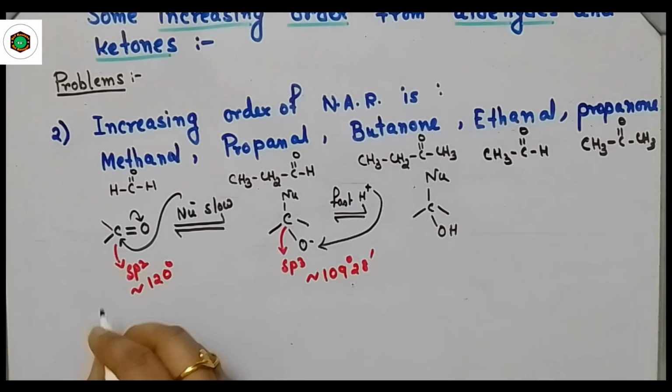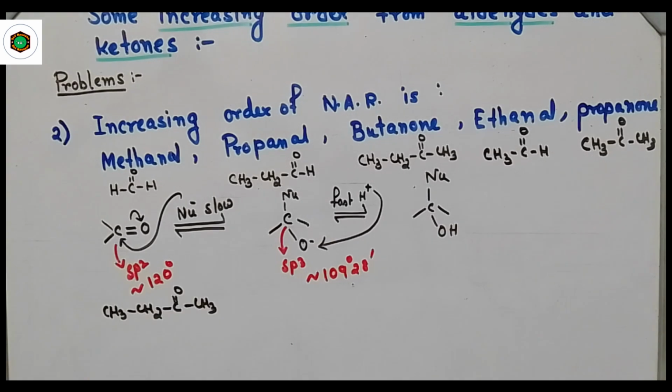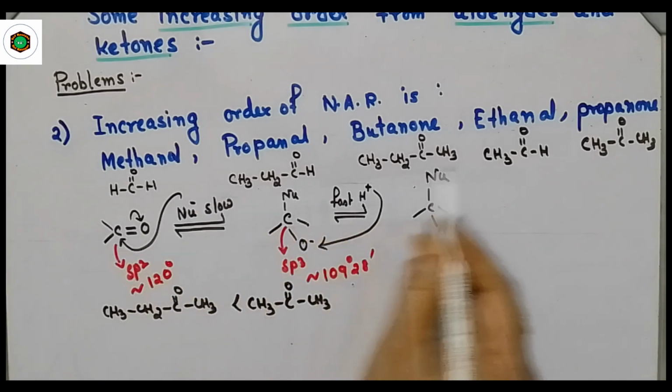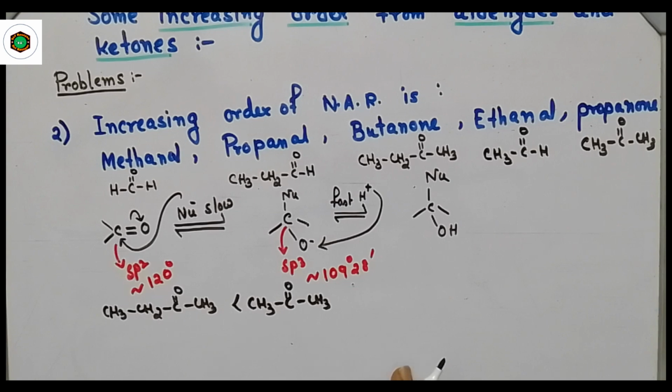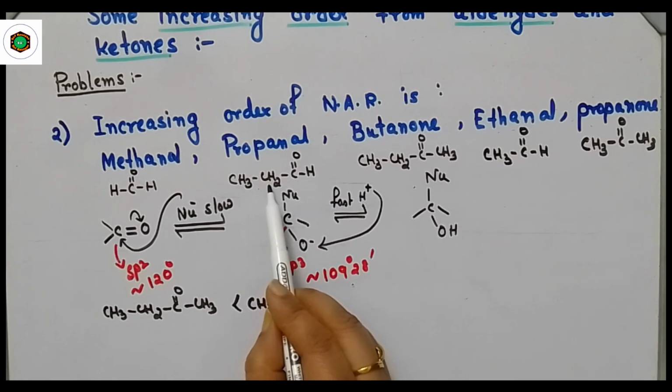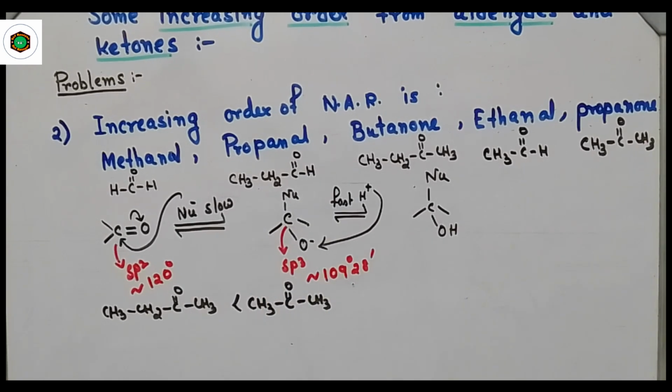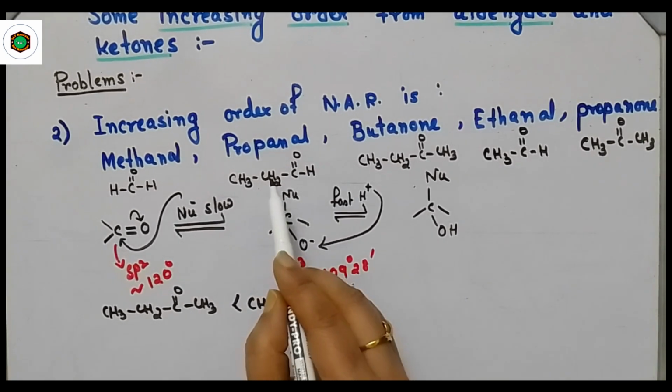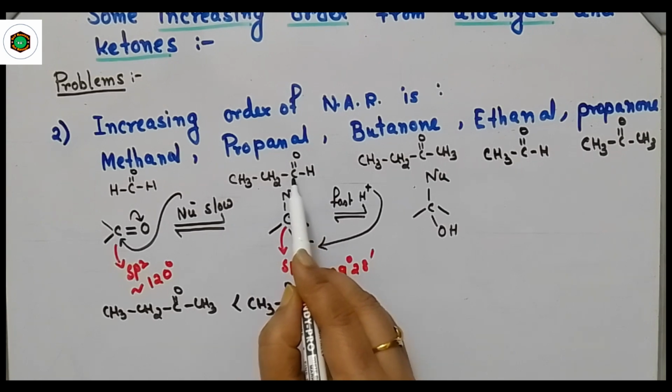So here for butanone, rate is very slow. It will be slightly higher for acetone. And you know, aldehydes are having much more higher rate than ketone for nucleophilic addition reaction. Ethyl is having higher plus I effect than methyl. So it will decrease here positive charge density, attack will become slower.